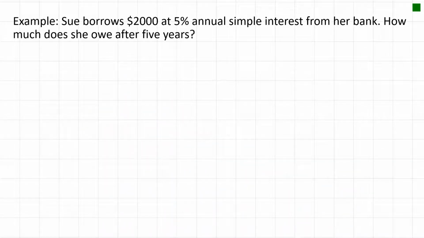So here's a quick example. Sue borrows $2,000 at 5% annual simple interest, so that's 5% per year from her bank. How much does she owe after 5 years? Well, let's identify the variables we're given. She borrows $2,000, which means P is equal to $2,000 at 5% annual simple interest.